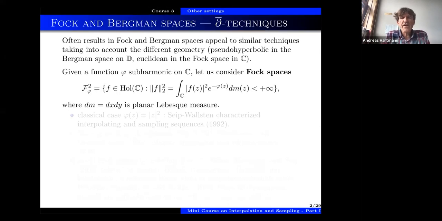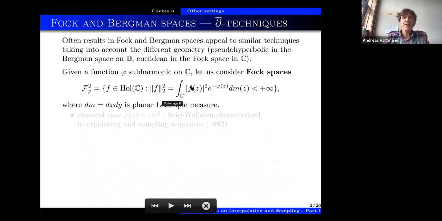So what is a Fock space? Well, we saw definitions yesterday in the last two talks. So Fock space, you can define it in a quite general setting. If you pick phi, a subharmonic function on C, then you can introduce this weight here, e to the minus phi z.